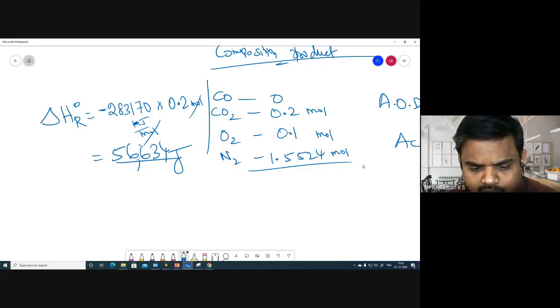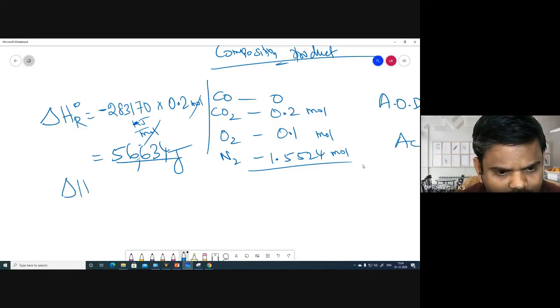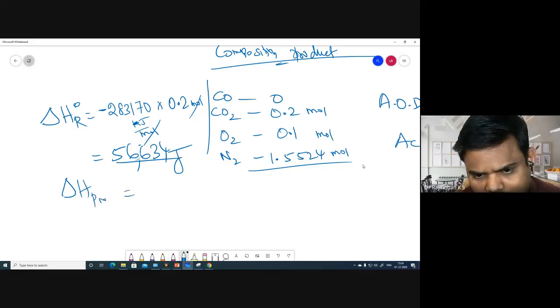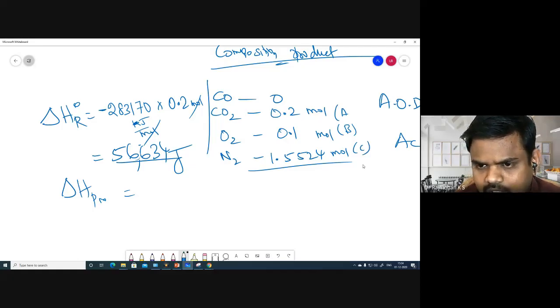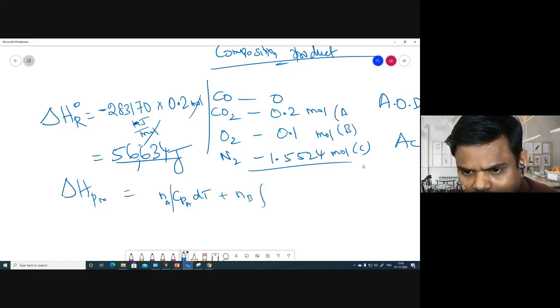Okay, now we have to determine the Cp value of the product. Okay, the enthalpy delta H of the product is equal to the sum over each product present. Okay, we are having three products, let them be A, B and C. It's n Cp delta T. Okay, so we can say n Cp dT: Na CpA dT plus Nb CpB dT.